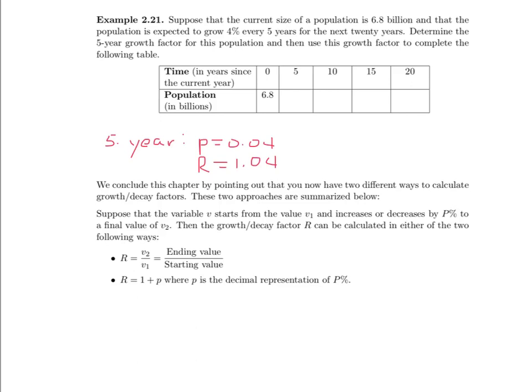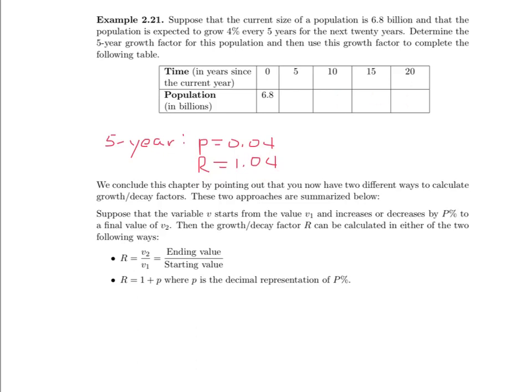Now let's go ahead and actually look at the first row in our table. It shows time, representing years since the current year. It's worth pointing out that the time periods that are shown in the table are 5-year time periods. Therefore, we can use our 5-year growth factor to calculate population values in different years.